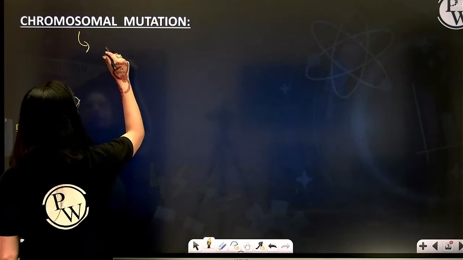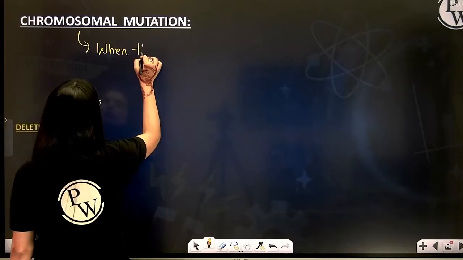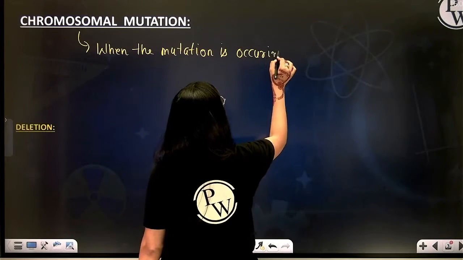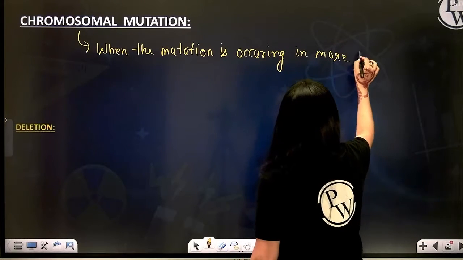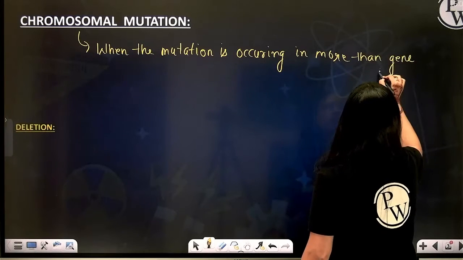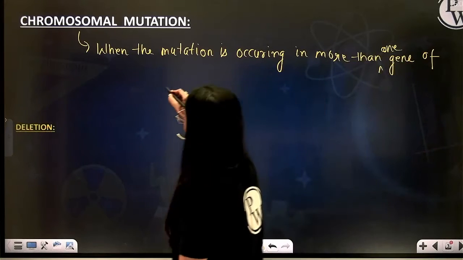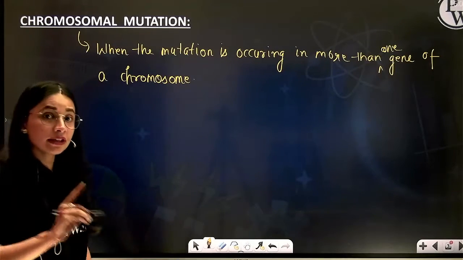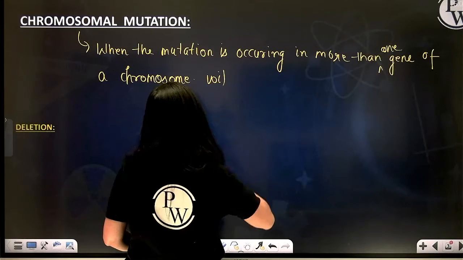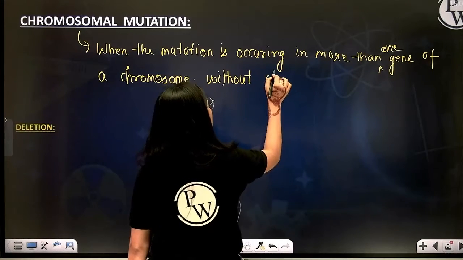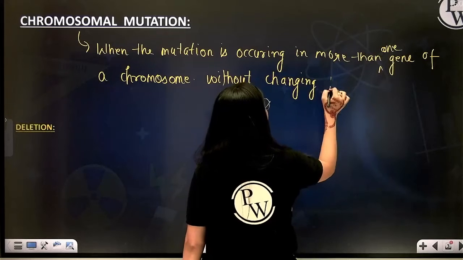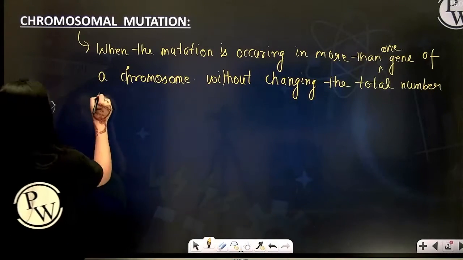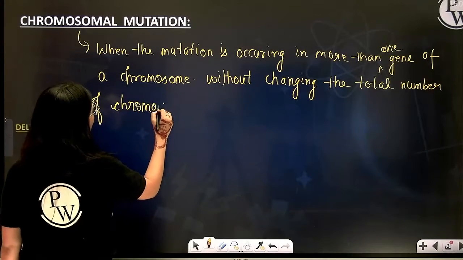So what is chromosomal mutation, beta? When the change is occurring in more than one gene of a chromosome, without changing the total number of chromosomes.